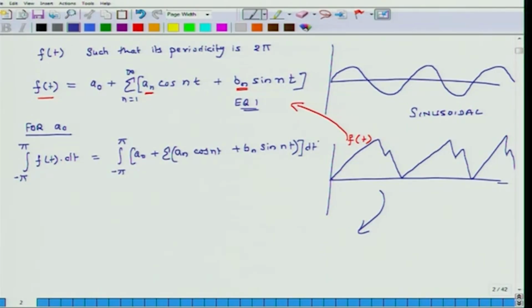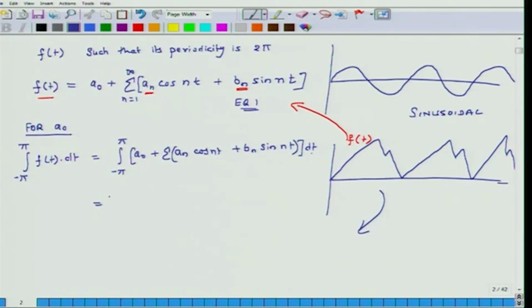If I have to calculate this, all I am doing is multiplying both sides of this equation by dt and integrating the whole equation in the limits minus pi to pi, which correspond to the period of this repetitive function.